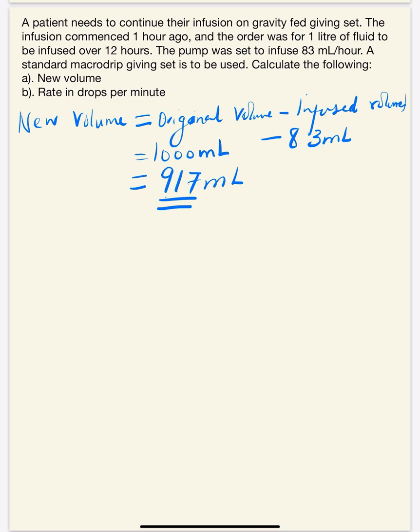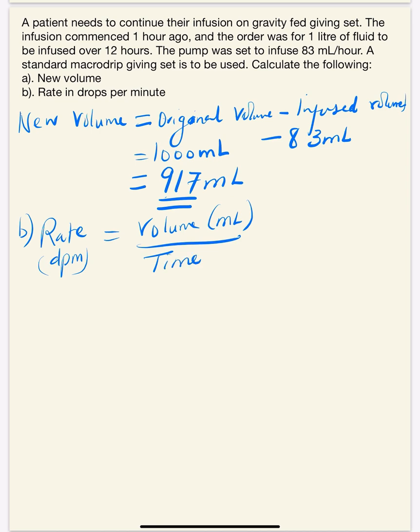For part B, the formula we work with is rate in drops per minute equals volume, always in milliliters, divided by time, which needs to be in minutes. It needs to be in minutes because we're doing rate, which is per minute, and the question is asking you to use minutes as well.